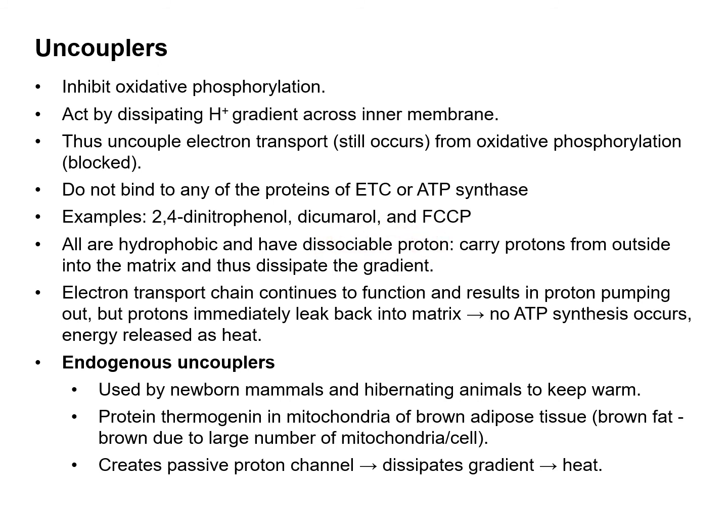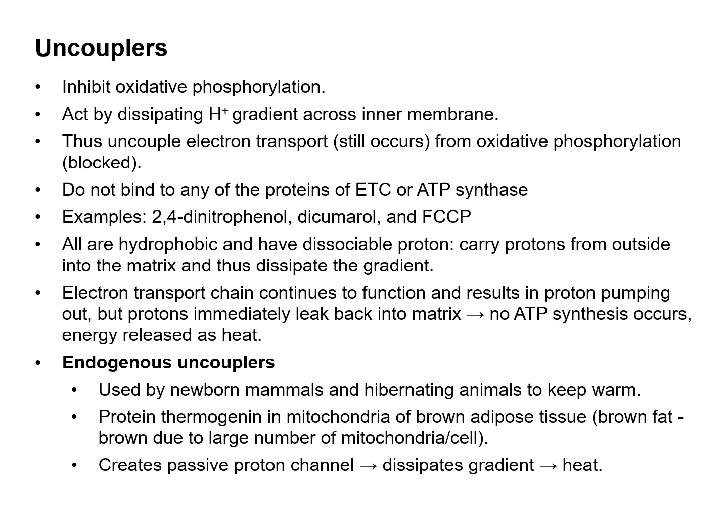So they carry these protons from outside into the matrix of mitochondria and thus dissipate the gradient. So there is not going to be any proton gradient buildup because both sides will contain the protons, both sides being the intermembrane space and the matrix of the mitochondria.